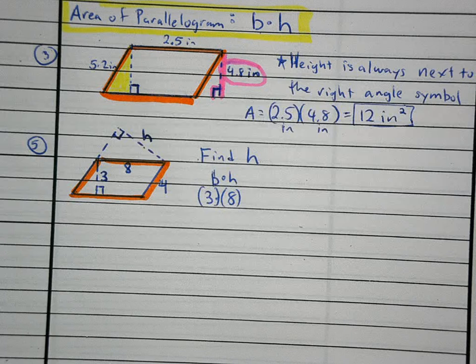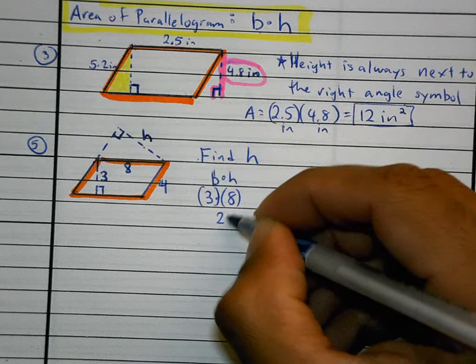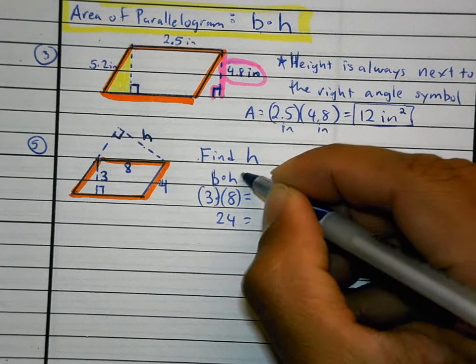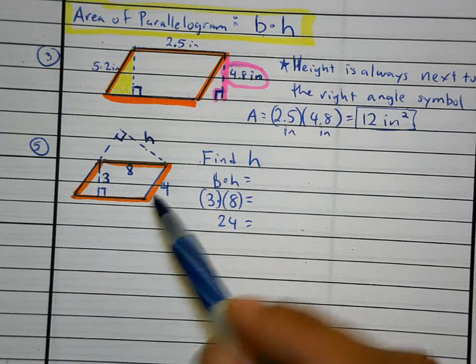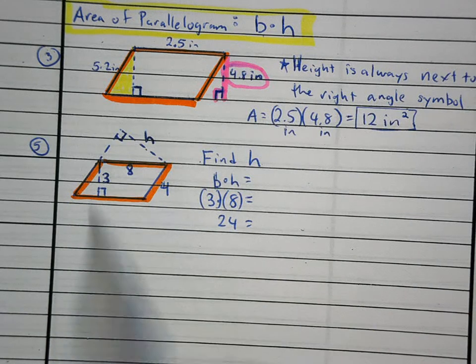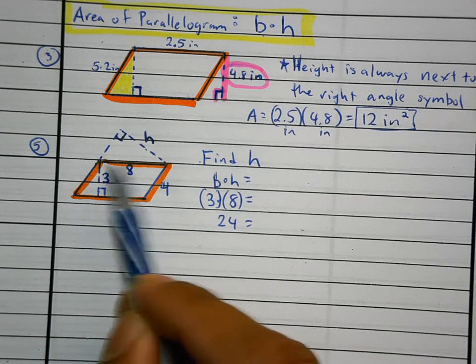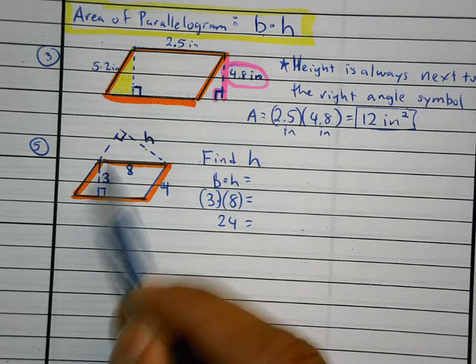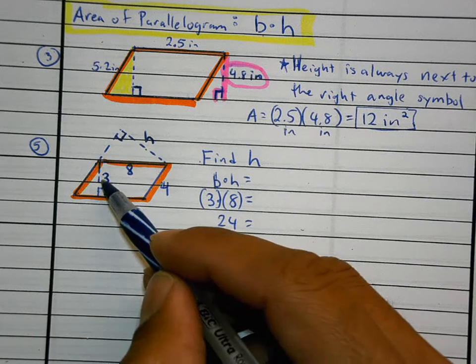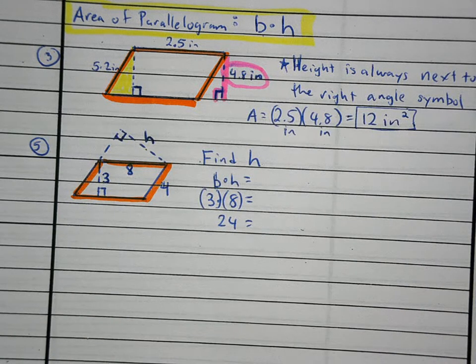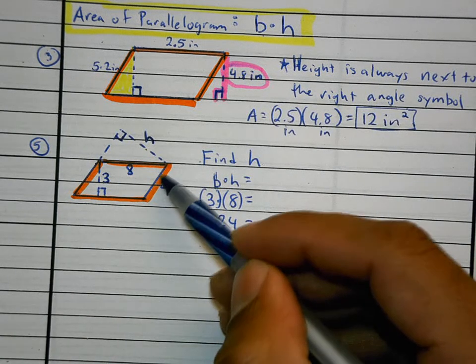Now, I don't want you to do anything yet. Don't solve that. 8 times 3, I guess you could figure out what that is. That is 24, right? Well, that should be equal to something. This parallelogram, if I'm using the 3 and the 8, this is the base and this is the height, that's going to find the area of this orange parallelogram. Well, there's a second way we can find it. We could find it by doing the 3 times 8, or we could do this base.